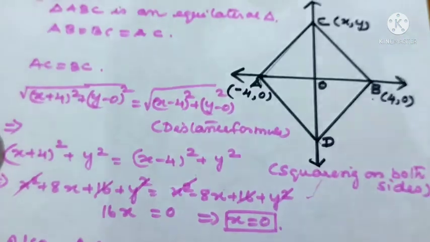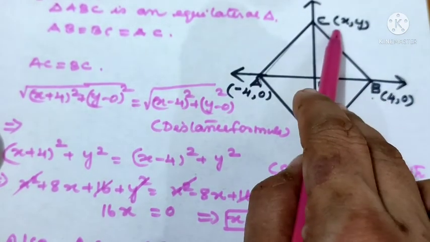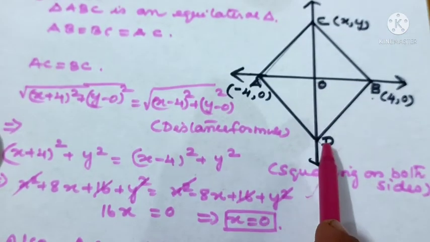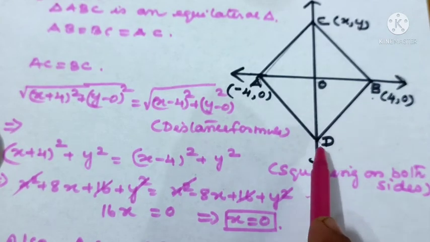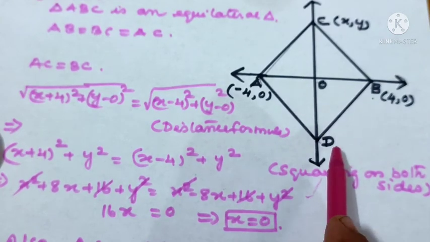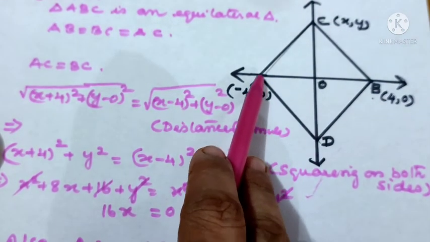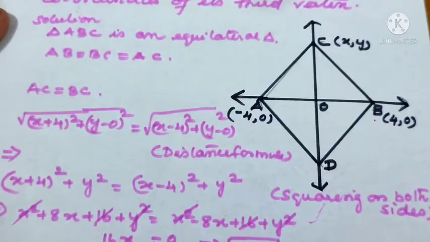I'll show the diagram. If you see the diagram, my A is minus 4 comma 0, B is 4 comma 0, C is x y we have chosen. C we got as 0 comma 4 root 3. At the same time D is also there, below the horizontal line, the x-axis. So C and D are making two equilateral triangles, ABC and ABD. So we have chosen ABC as an equilateral triangle, and for x and y we got two values, one positive and one negative.